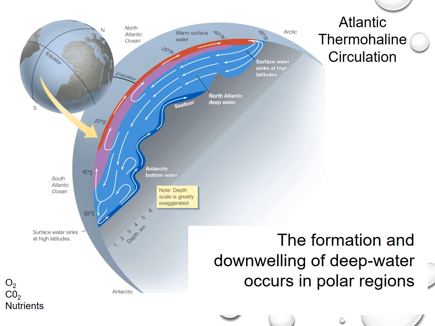This is the North Atlantic deep water. And the Antarctic bottom water, which is in dark blue, is the densest water that we have, and it forms during the winter near the Antarctic. So today the formation and downwelling of deep water occurs in the polar regions.